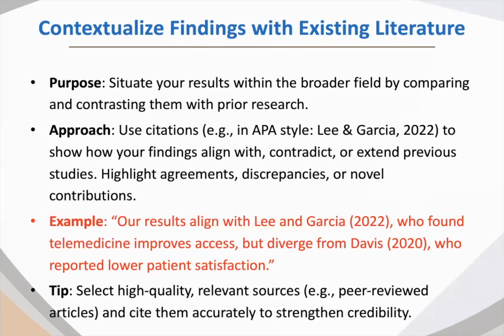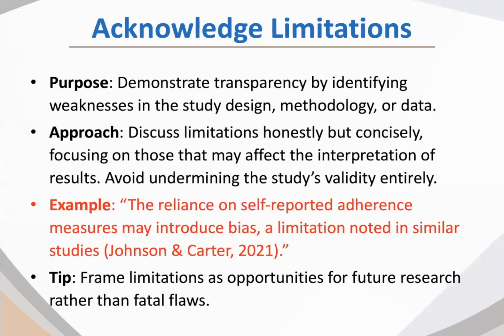For instance, you might write something like, our results align with Lee and Garcia 2022, who found telemedicine improves access, but diverge from Davis 2020, who reported lower patient satisfaction. This single sentence does so much. It shows agreement, highlights a discrepancy, and sets you up to explain that difference. Always be sure to select high-quality, relevant sources to strengthen your credibility.